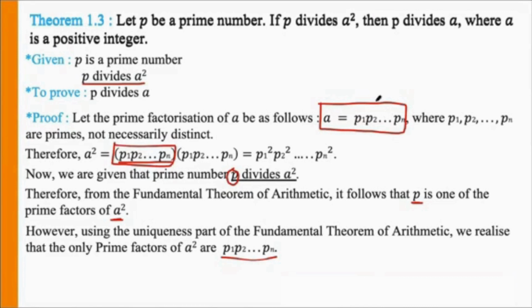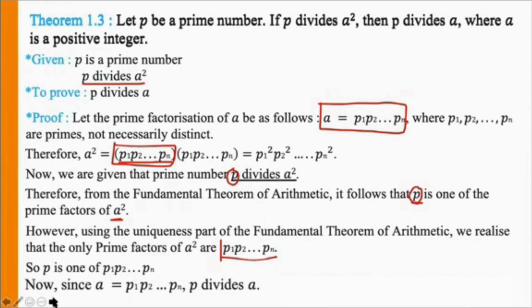So according to the variables that we have taken, prime factors of A square are P1, P2 till Pn. So that means this P has to be one of these variables. So P will be either P1, P2, or Pn. P is one of these numbers because they have to be the same.